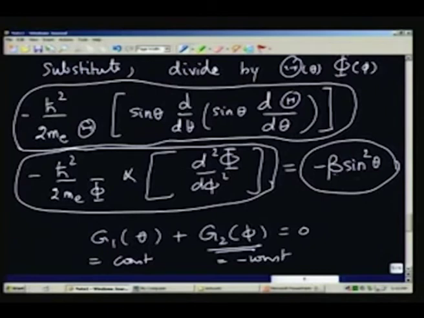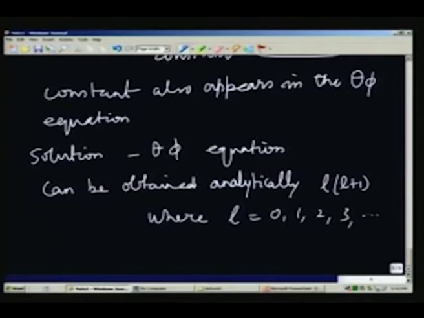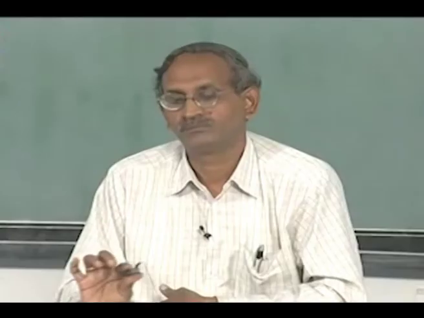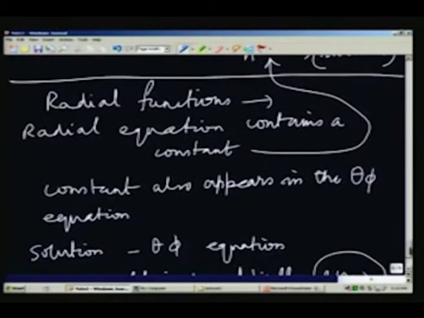This can be obtained analytically if this beta has the special form, namely an integer L into L plus 1, where L can have values 0, 1, 2, 3, etc. Integers only. This L, as a result of the solution of the theta phi equation, also controls the radial function because the L appears in the radial equation here.